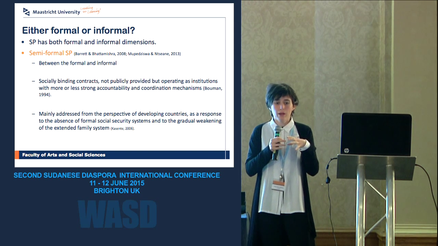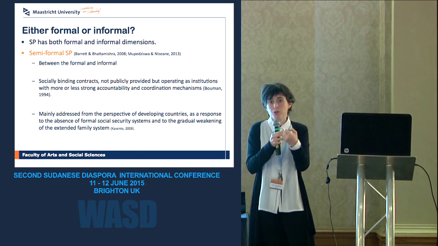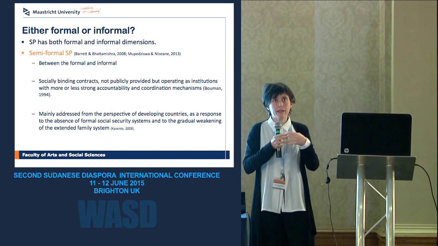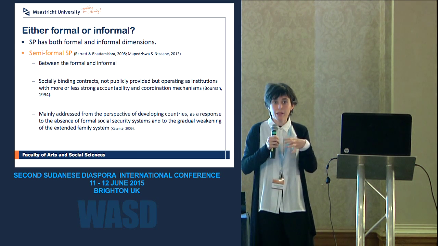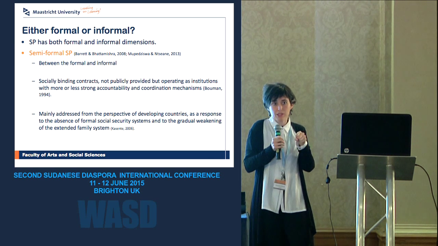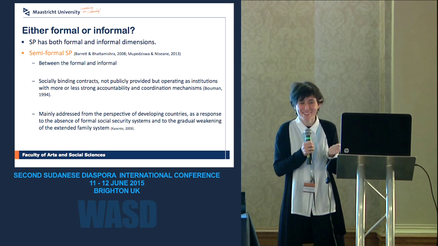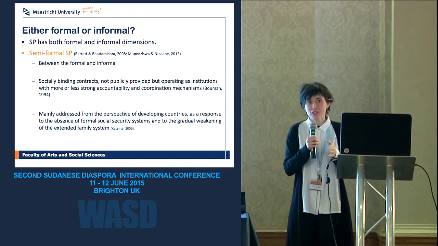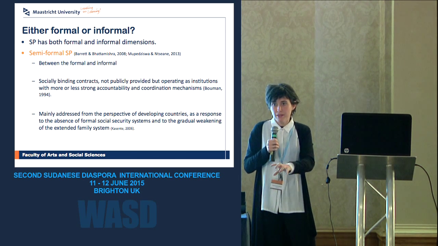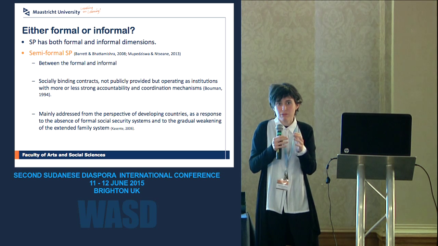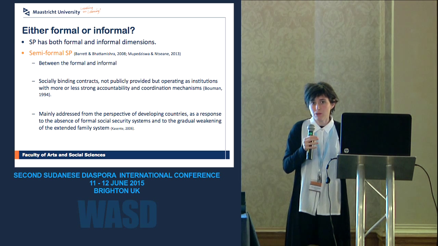It refers to informal groups of people gathering for a common good, let's say, but they don't get any formal support or formal organization. They are self-organized, and they provide for each other as a community protection system, as Tansim was talking about yesterday. But as I mentioned, it's mainly been studied from the perspective of developing countries. Here, it's almost not under research. And especially when it comes to migration, it's quite completely ignored.